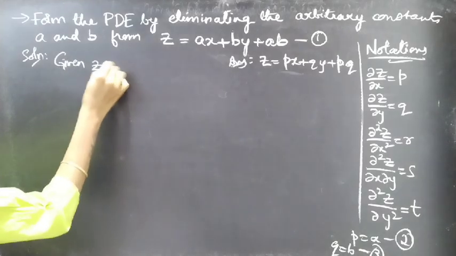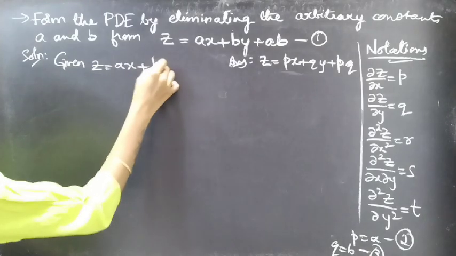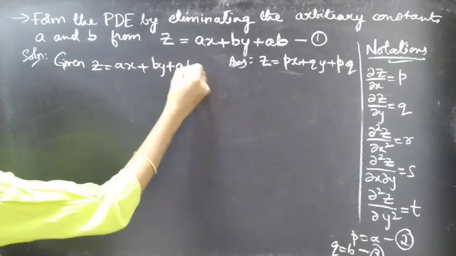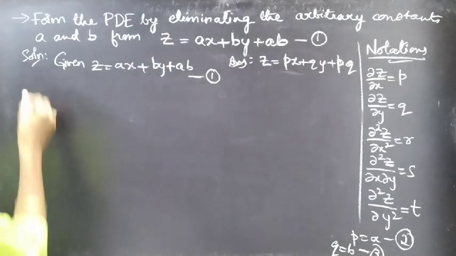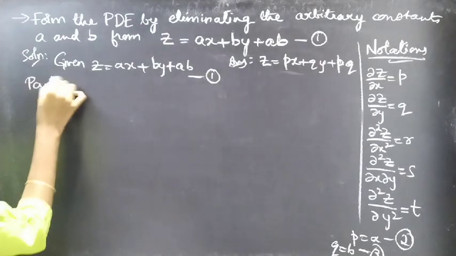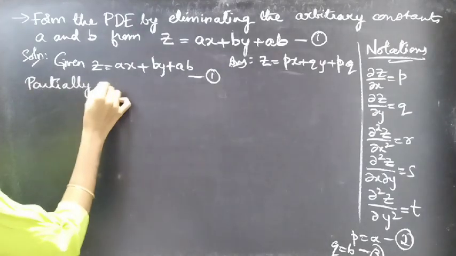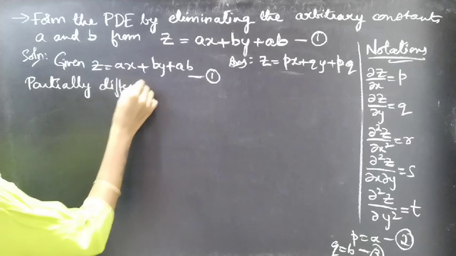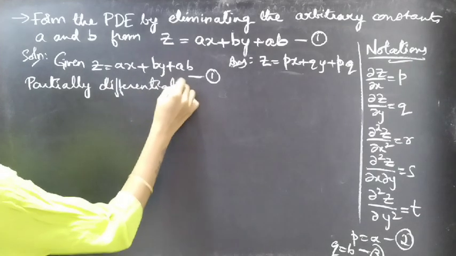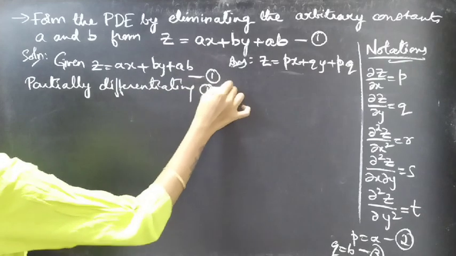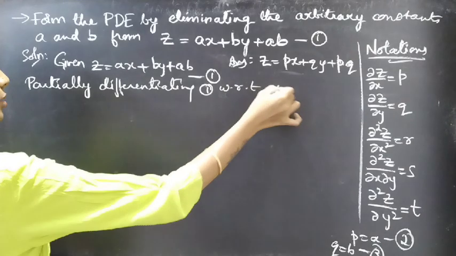Given relation z equal to ax plus by plus ab, we have considered as equation 1. Now we'll partially differentiate it with respect to x and y. Firstly, we'll begin with x.